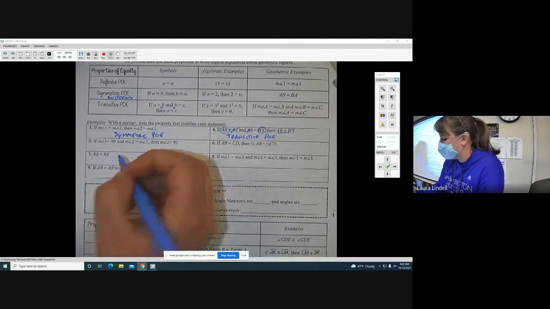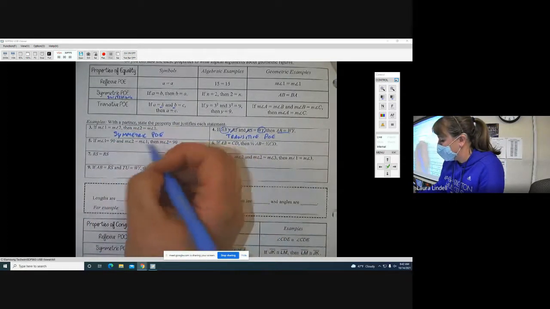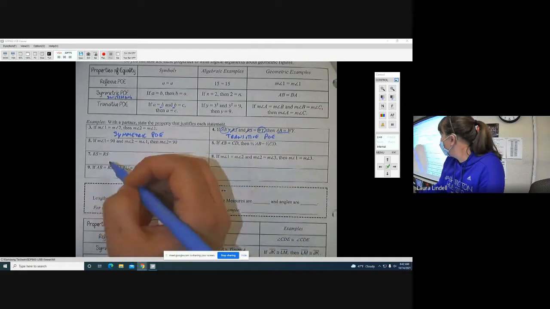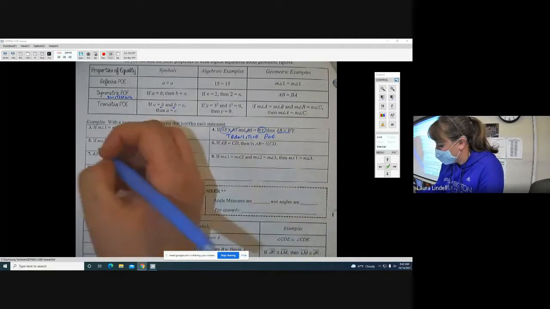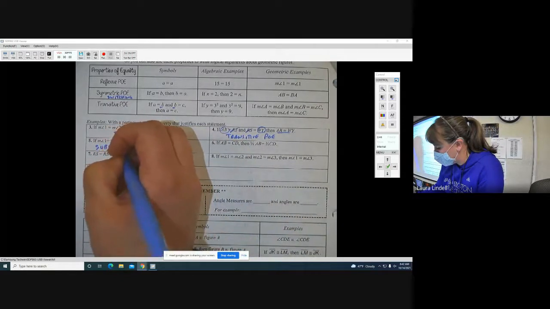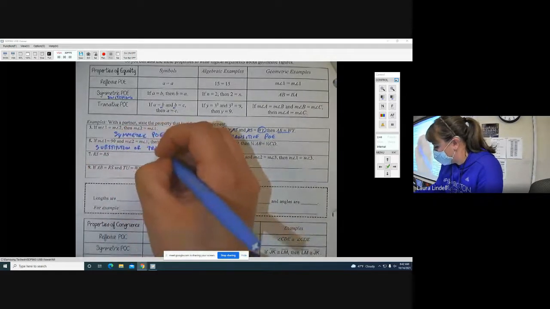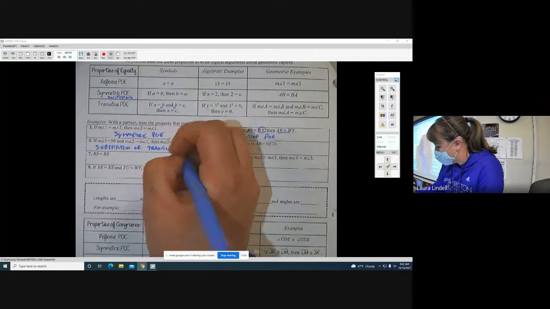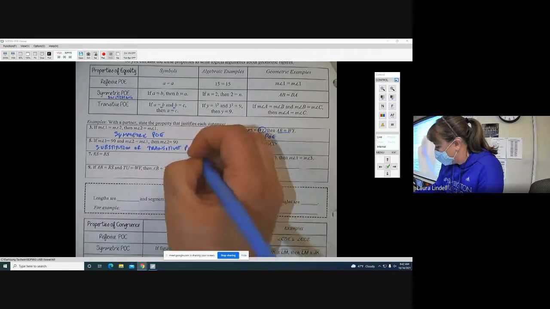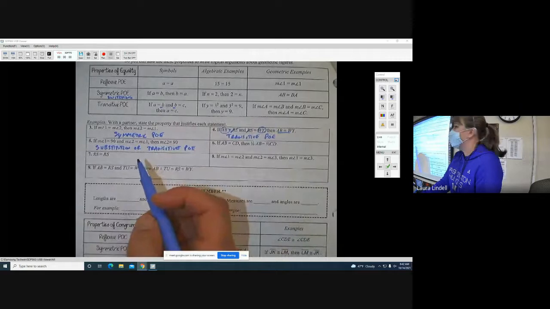So technically, we're substituting angle 2 in the place of angle 1 right here. But also, I would accept transitive. So you could have substitution or transitive. Because the net effect here is the same.